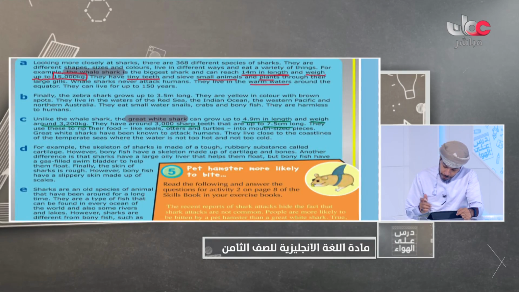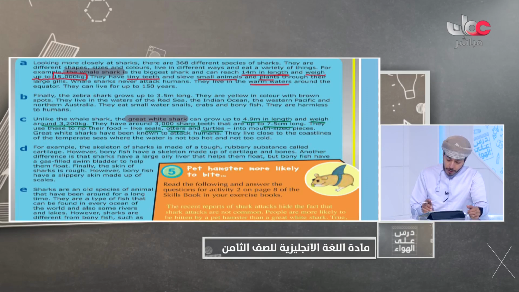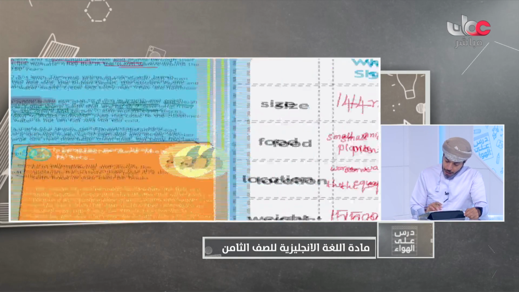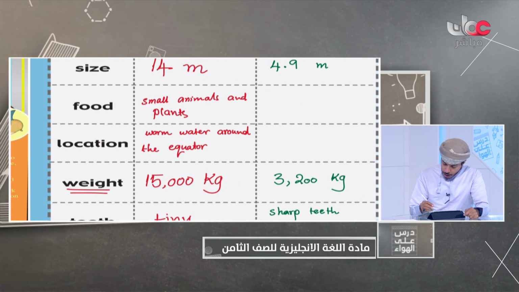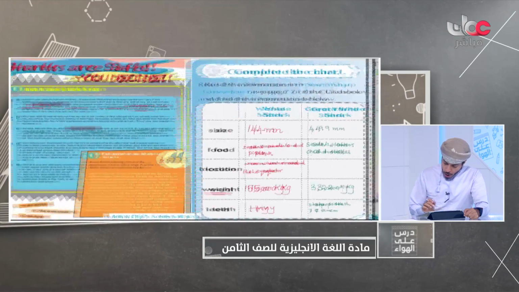Okay. They use their teeth to rip their food, like seals, otters, and turtles. So can you see that this shark eats different ocean animals or different species, like what? Seals, otters, and turtles. So this is its food, which are seals, otters, and turtles. Good. And where does it live?